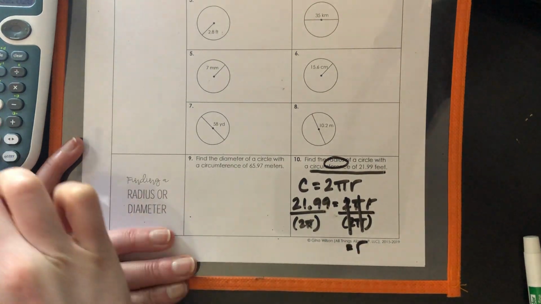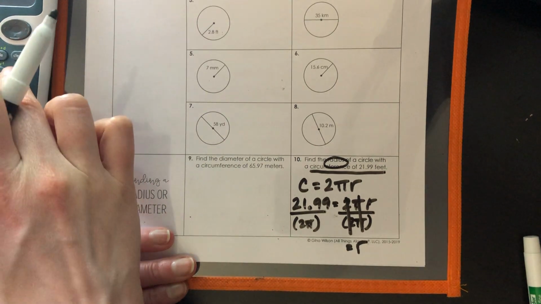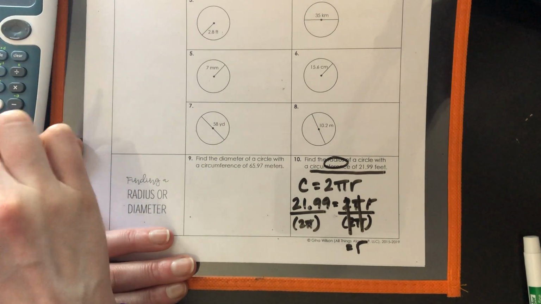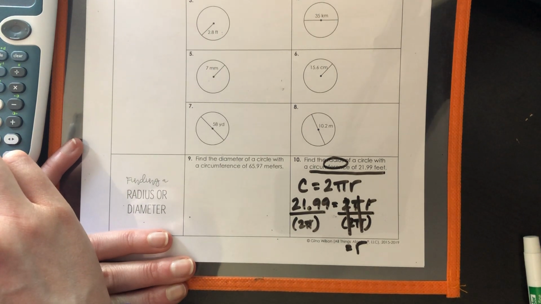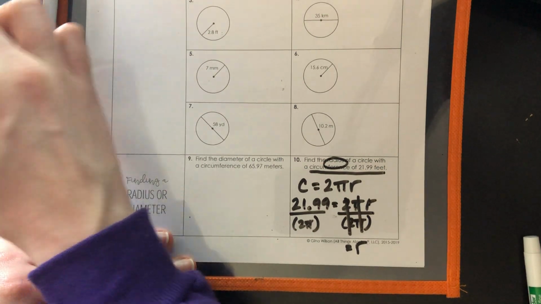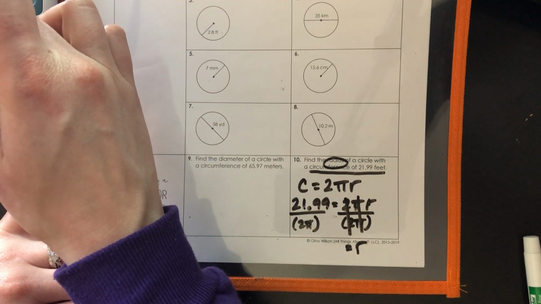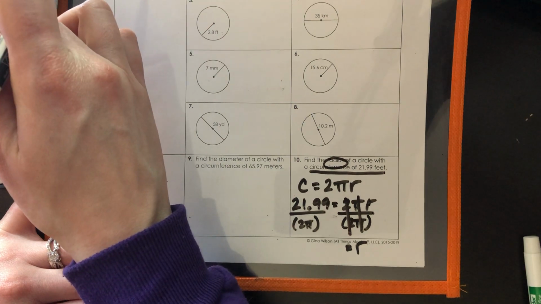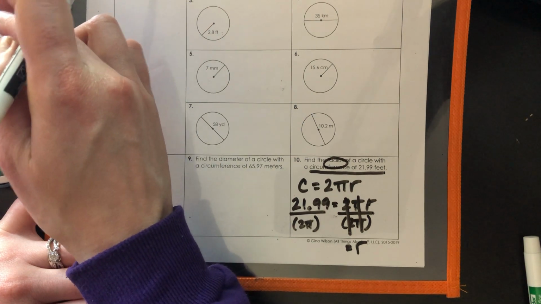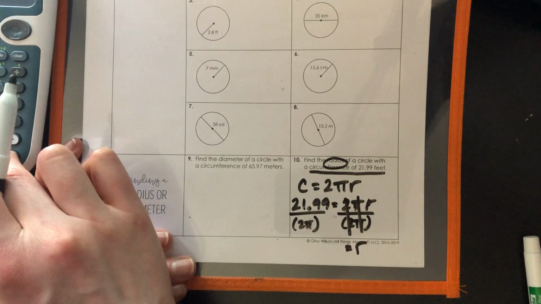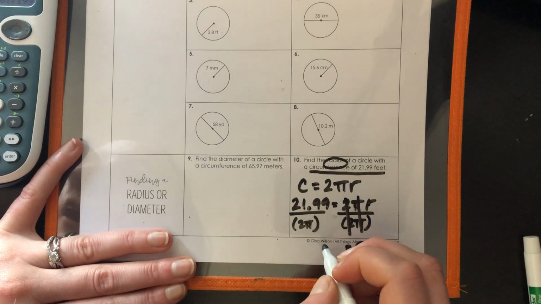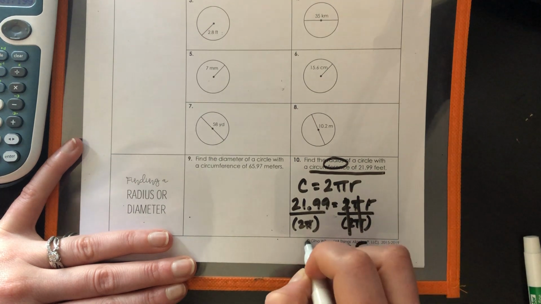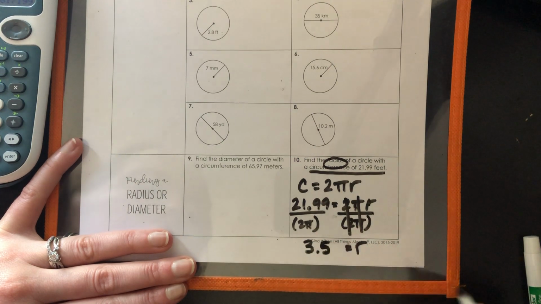If I put this in my calculator, divided by parentheses, and I will actually have you use the pi button for this. We want to make it as close as possible. So do 2 times pi. So if you just want to stick with using pi versus knowing when to go back and forth, I will not penalize you on that. So by all means, if you want to stick with it, it is fine. So we get a radius of, if I round to the tenths place, a radius of 3.5.